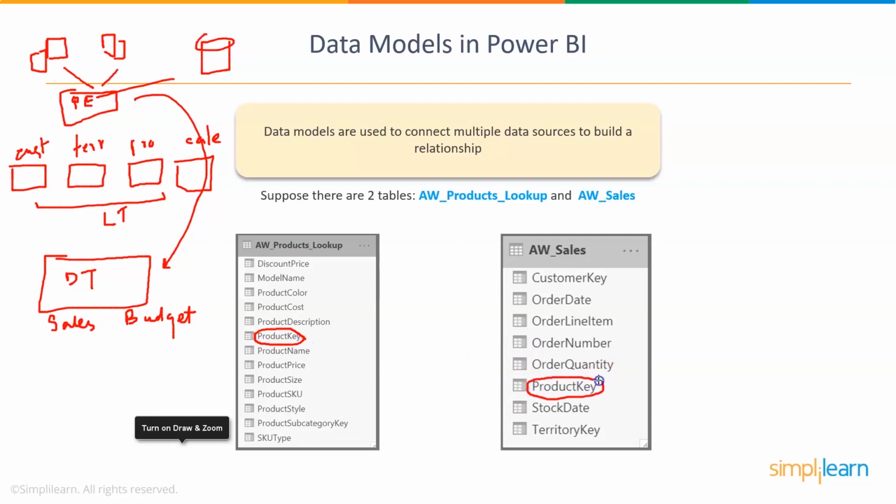Now this is where we are already talking about foreign keys, or relationships. When you talk about relational databases, you have something called foreign key constraints. In Power BI terms, I would say it's not exactly a constraint, but more of a filter propagation instead, which is used to connect your different data sources.